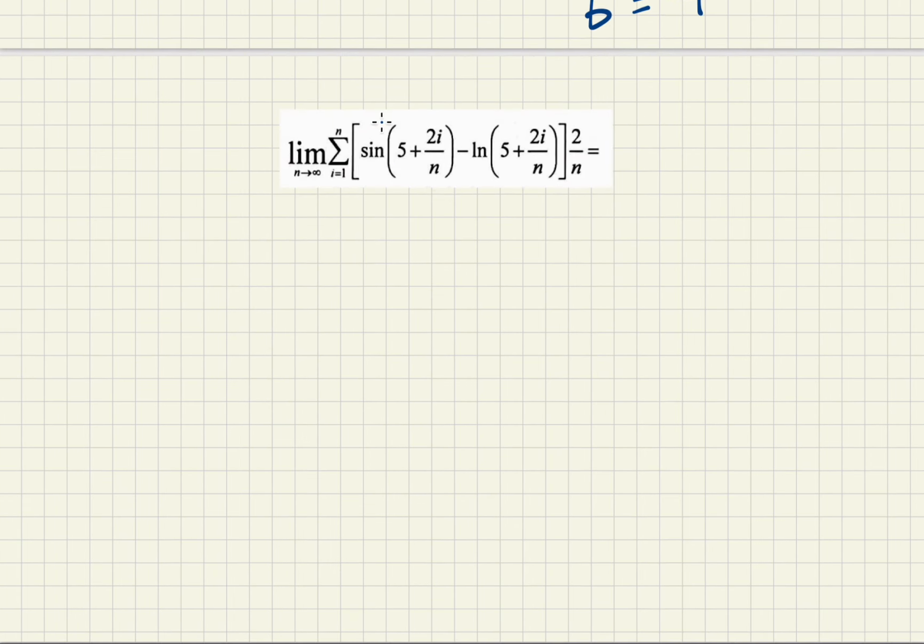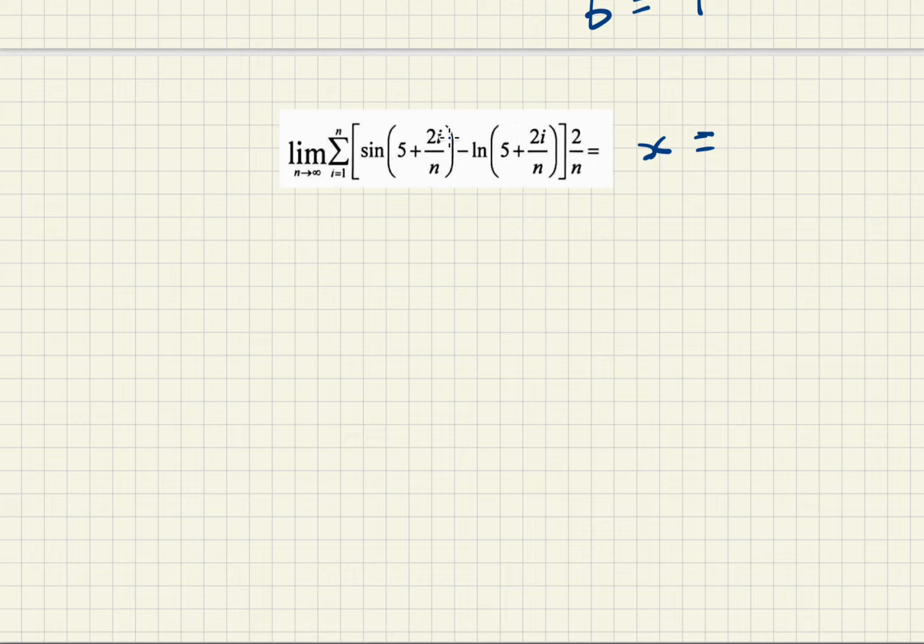Another one, converting to a definite integral from a limit. So from this limit, our first idea is acquiring the x value. X value, again, the group of terms that is repeated.